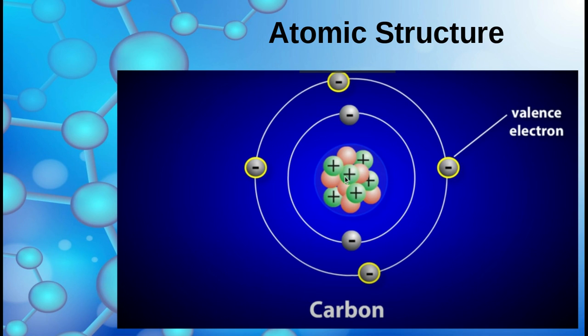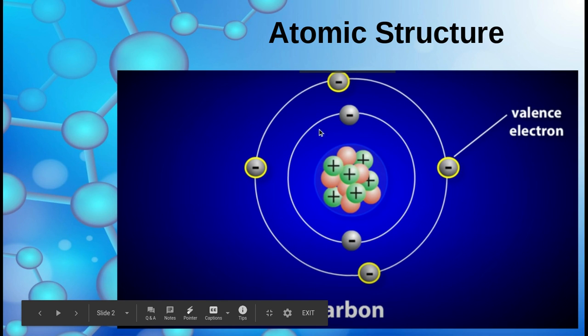Now, besides the protons and neutrons being in the nucleus and the electrons being outside of the nucleus, the electrons are also found in certain levels or orbitals that can only hold so many electrons. Here, the first level only has 2.